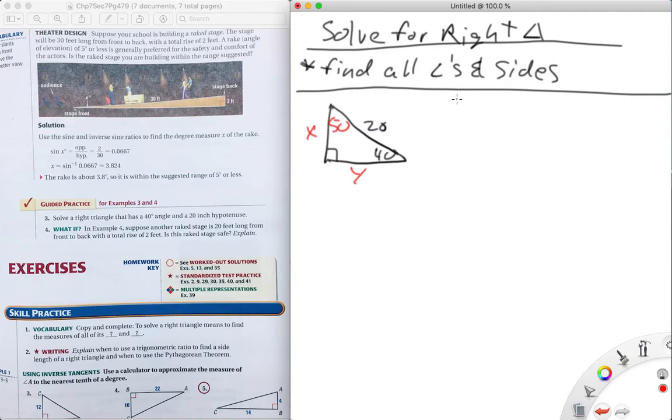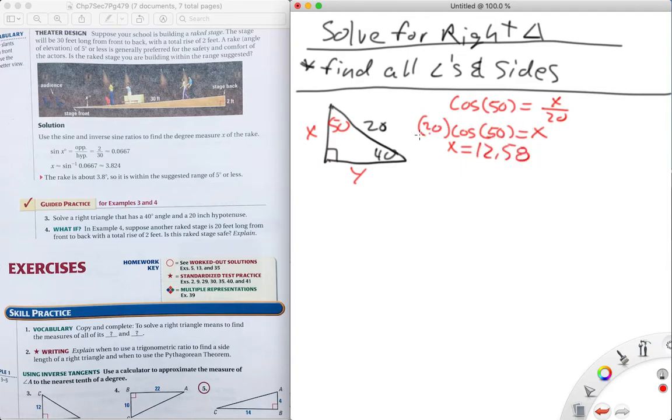For x, cosine of 50 equals adjacent over hypotenuse. So 20 times cosine of 50 equals x. X equals 12.86.